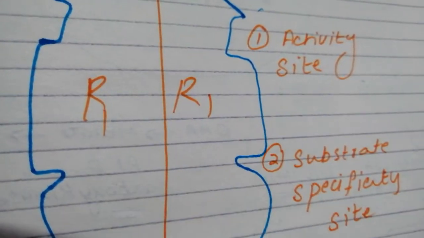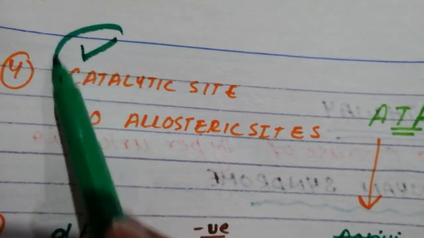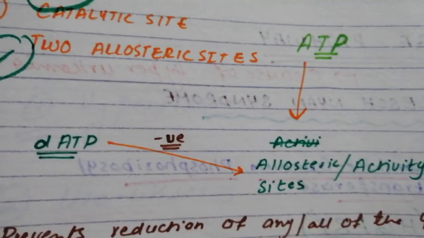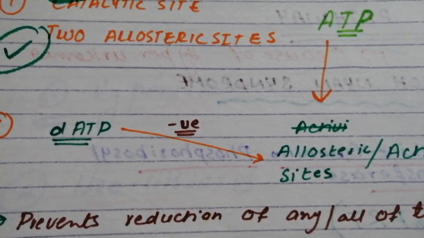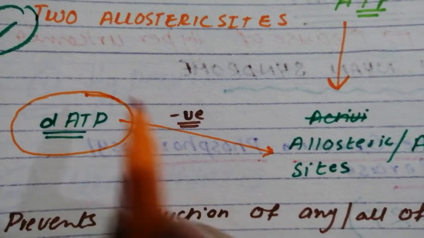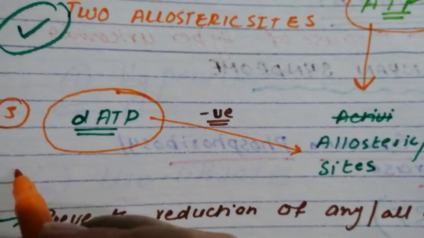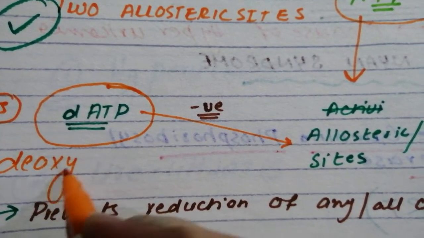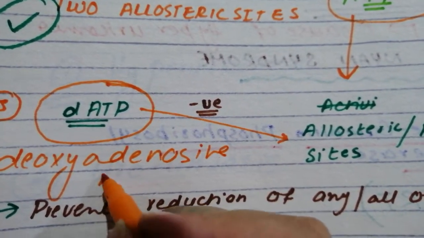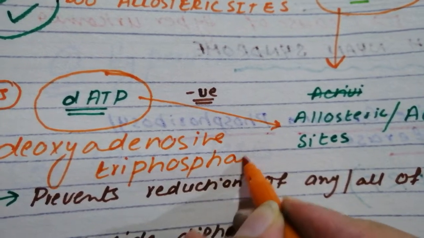Then talking about the details of the activity site and the substrate specificity site. So catalytic site, substrate, two allosteric sites. In the case of the allosteric activity site, dATP and just dATP, the deoxy form, is going to be an inhibitor and ATP is going to be a promoter. So when there is a lot of deoxyadenosine triphosphate, you have to remember the form, the triphosphate, there will be inhibition of the overall catalytic activity.